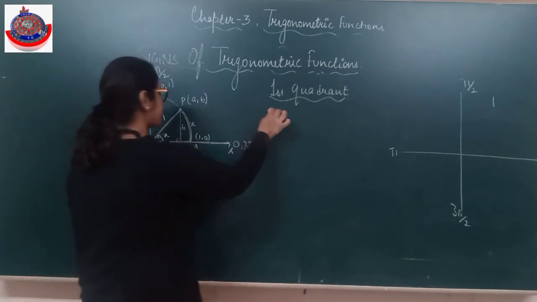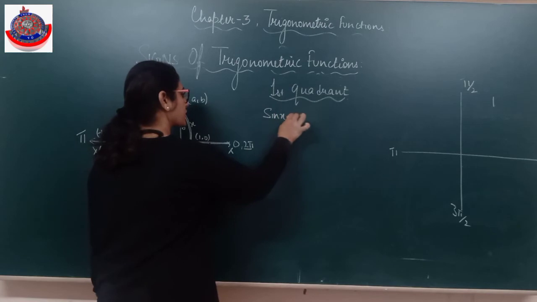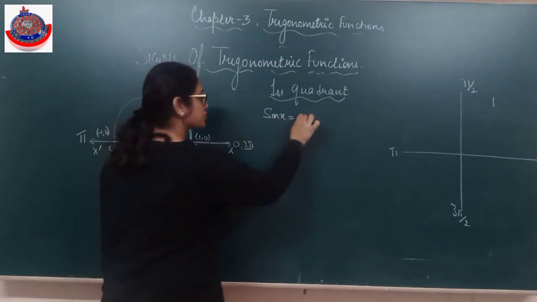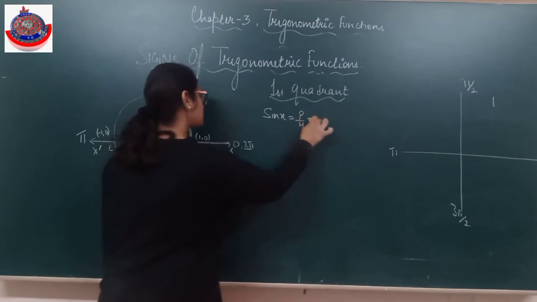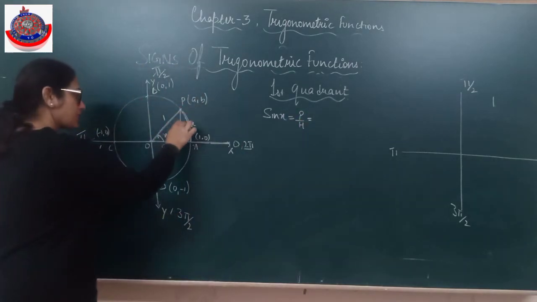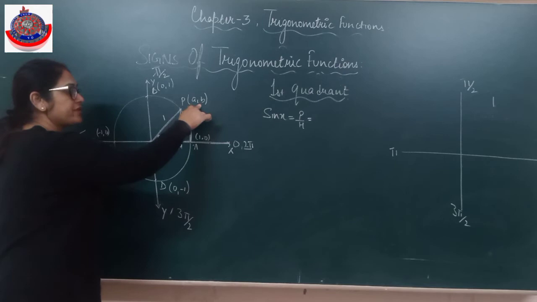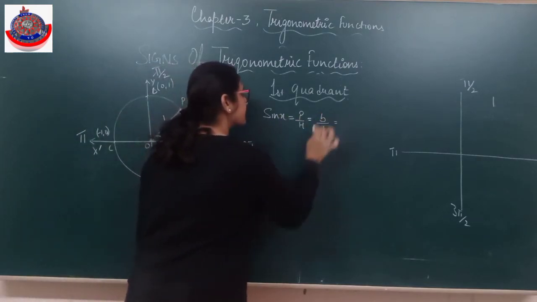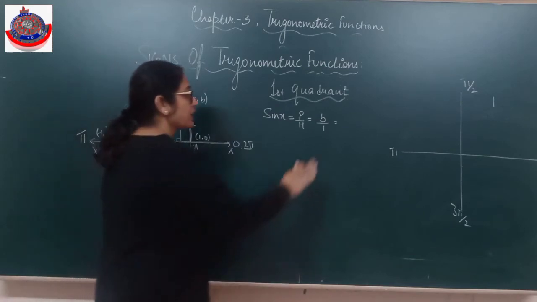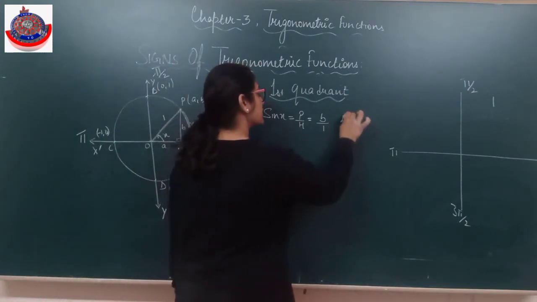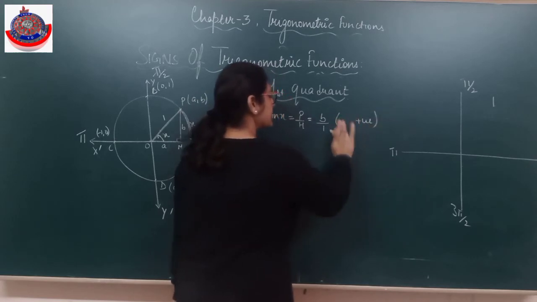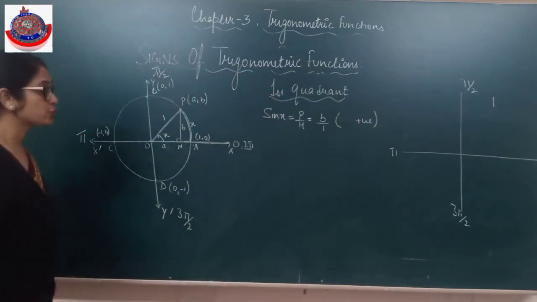Now if I talk about sine x, sine x is P upon H. What is P? Positive B, because it's the first quadrant. Here it will be B and H is 1. So my sine is coming to be positive. So sine is positive in the first quadrant. Is it clear? Because B is positive, B by 1 is going to be positive.